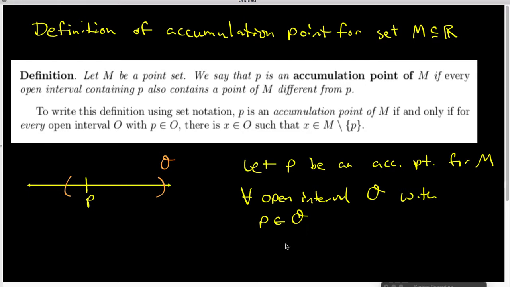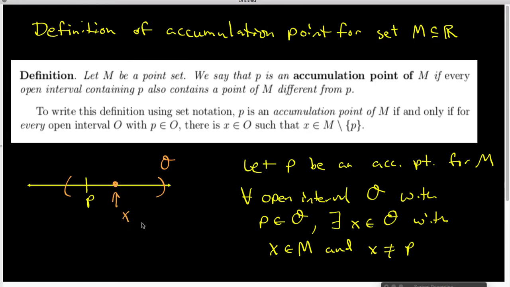For every one of these guys, we can find, means there exists somebody inside that open interval, with that somebody being inside the set M and that somebody not being equal to P. In other words, coming back over here, inside this open interval and not equal to P, there's got to be an X inside of set M.